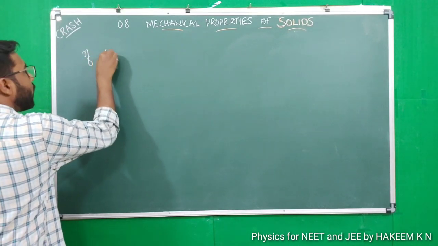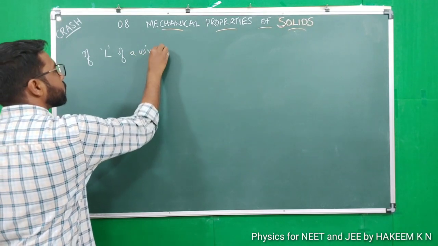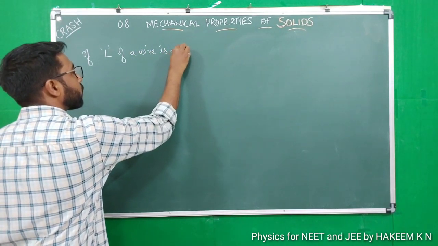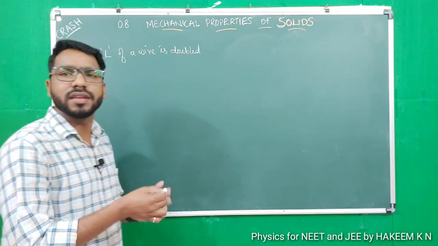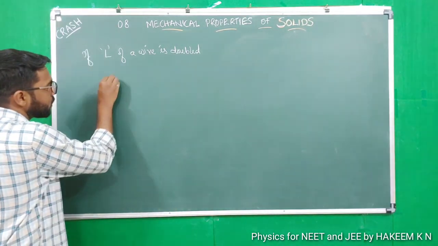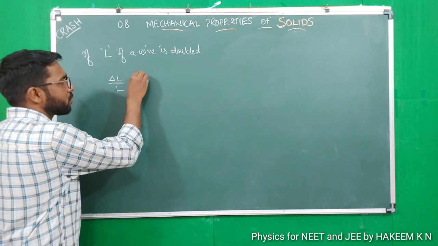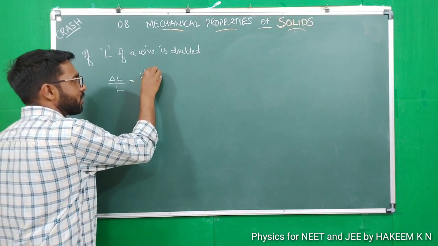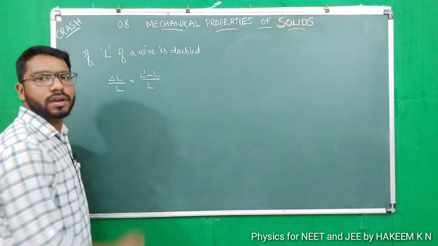If the length of a wire is doubled, what will be the linear strain? Strain is change in length by original length. Change in length means final length L dash minus original length, divided by original length.